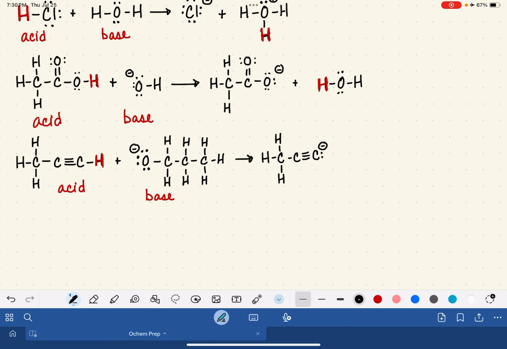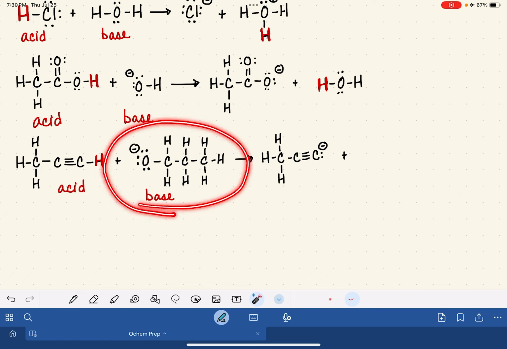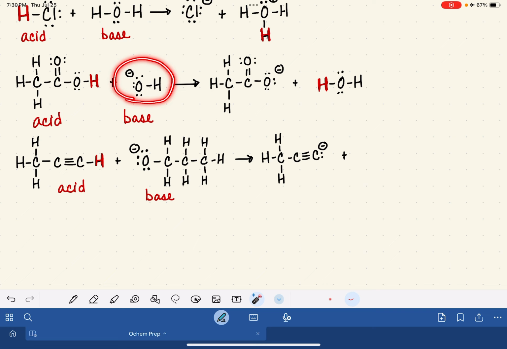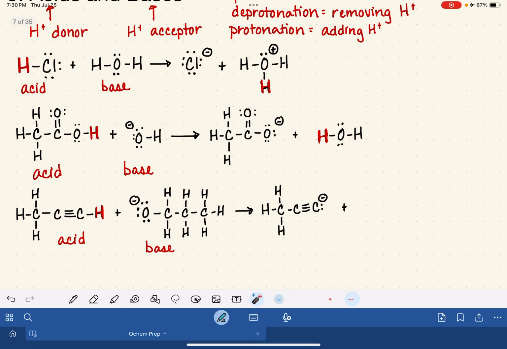And that proton is going to be transferred over to our base. It is going to bond itself to the oxygen with the negative formal charge, just like we saw in the previous example where the hydrogen bonded itself to that oxygen. Also, just like in the first example, even though in this case the oxygen didn't have a negative charge, that's still where the hydrogen went anyways.